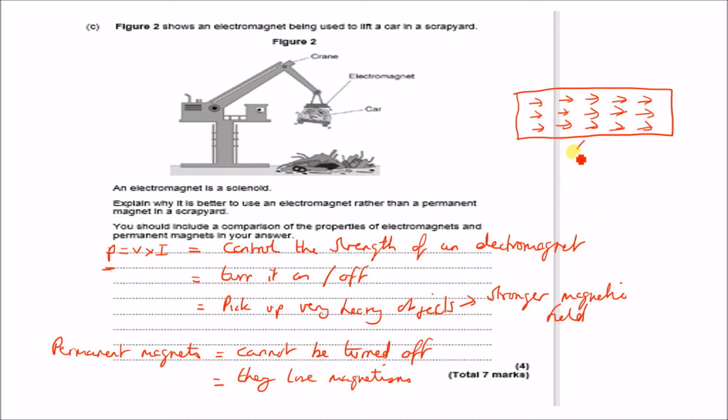Well, if you knock this, which you're constantly going to do in a scrapyard, it will disalign the domains, and when they're facing in different directions, the field is not going to be as strong. So this one will have a strong magnetic field because the domains, these arrows, are all in the same direction. This one will not be as strong because the domains are all in a different direction. So in a scrapyard, this is exactly what you don't want to happen.